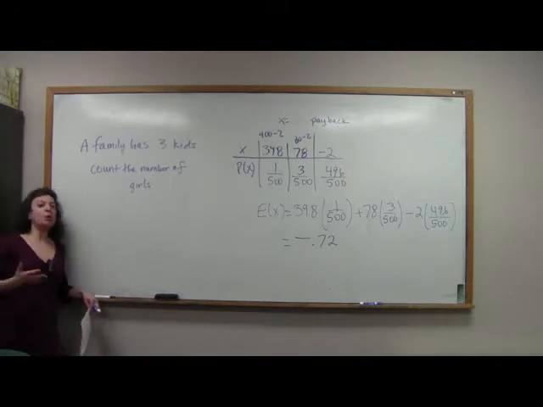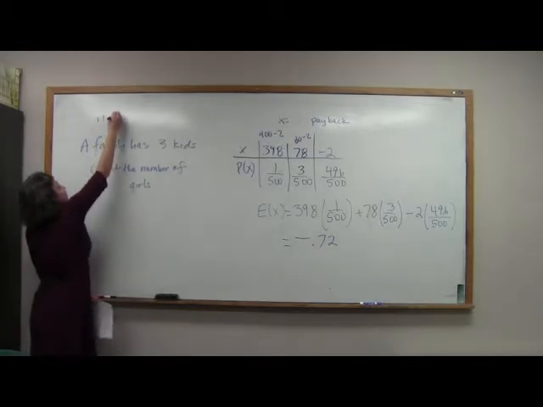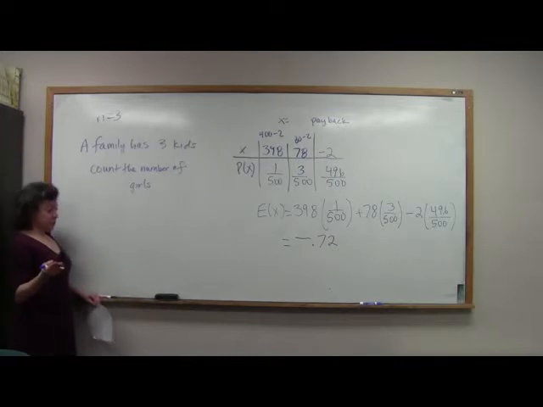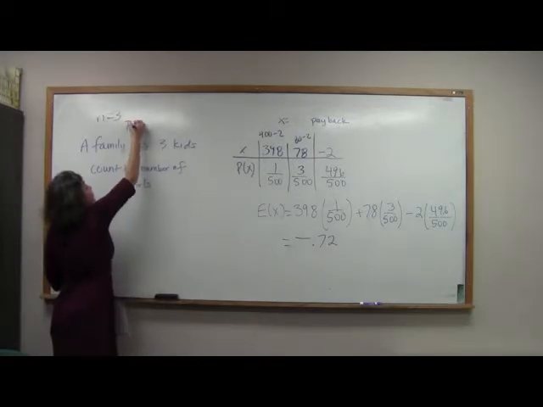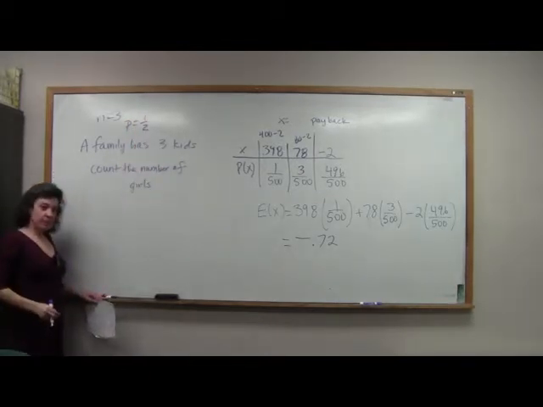Let's remind ourselves why we can use a binomial distribution. Number 1, an experiment is repeated several times. In this case, they're having 3 kids. Number 2, there are only 2 possible outcomes. We're counting the number of girls, and the probability of having a girl is 1/2.